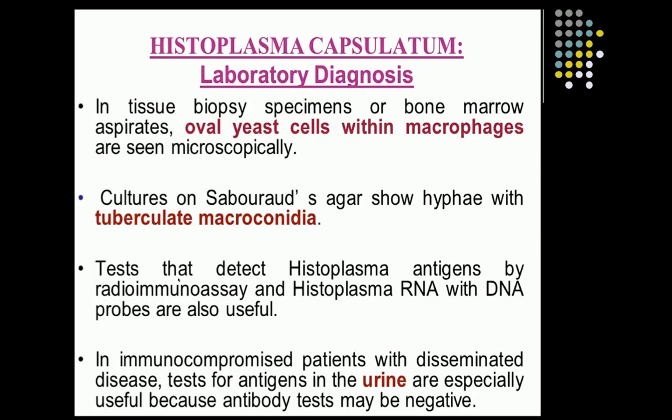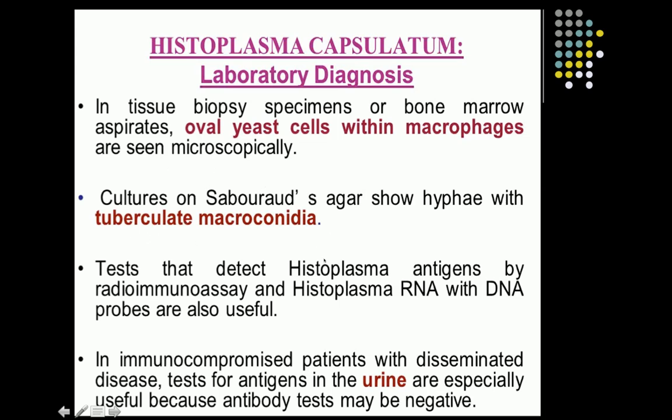To sum up the lab diagnosis, the most important are the specimens, whether it is a tissue biopsy or bone marrow. What you're going to see are oval yeast cells within the macrophages, and as I've been telling you again and again, this constitutes one of your very important examination MCQs. When you put culture on Sabouraud agar, which is kept at room temperature, you're going to see hyphae with tuberculate macroconidia.